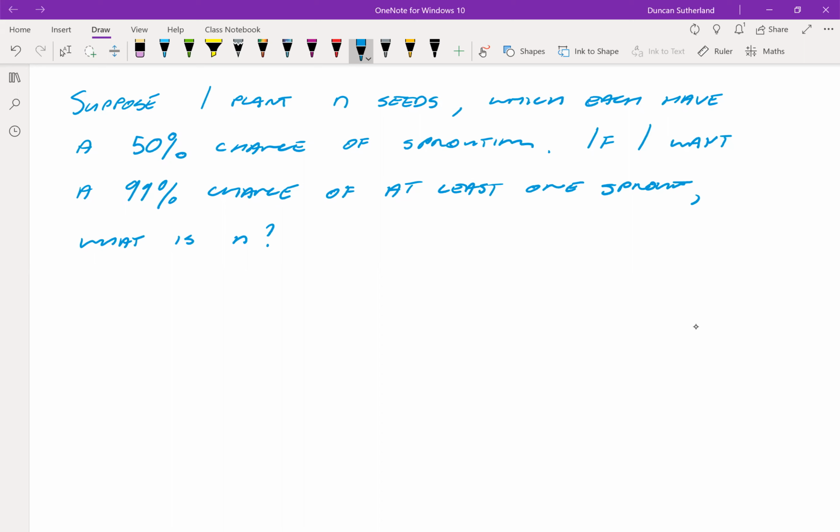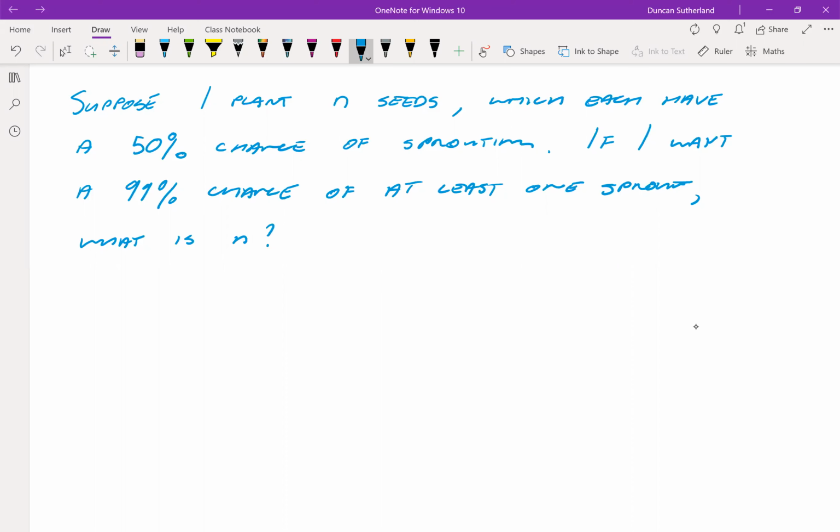So I don't care if there's two or three or more, I just want at least one. What's the n? How big should n be to ensure there's a 99% chance of at least one sprout? So to answer this problem, we've got to look at the probability of no sprouts.